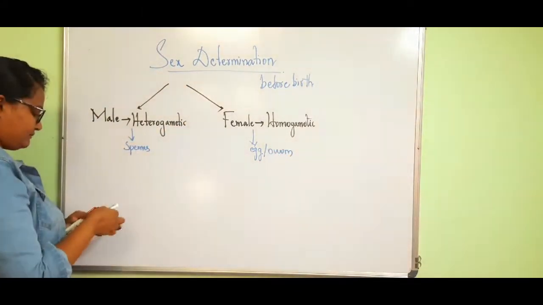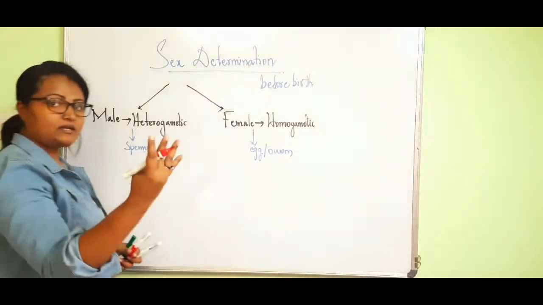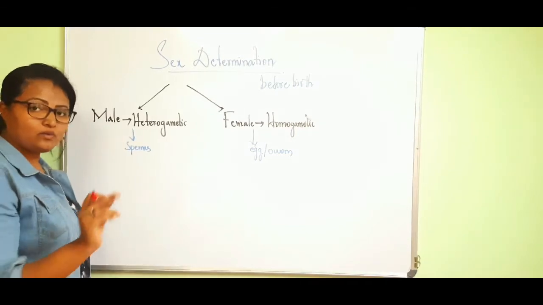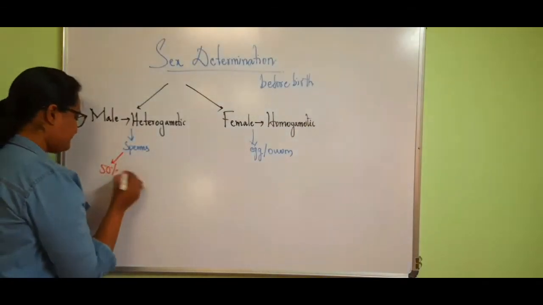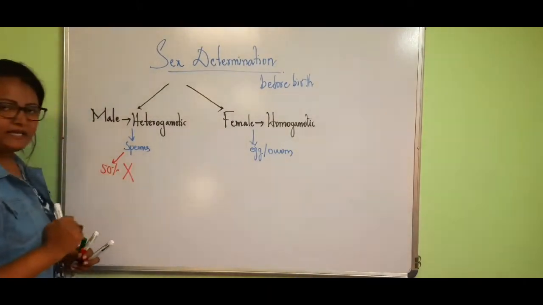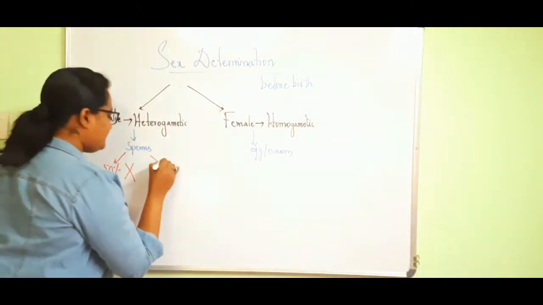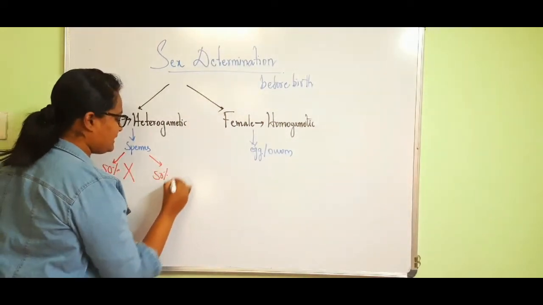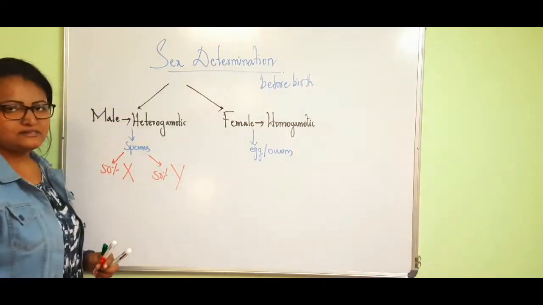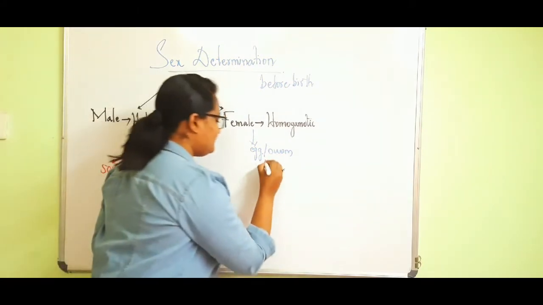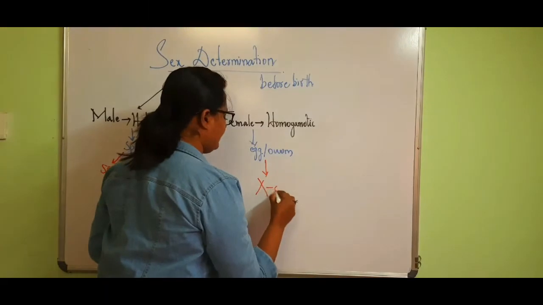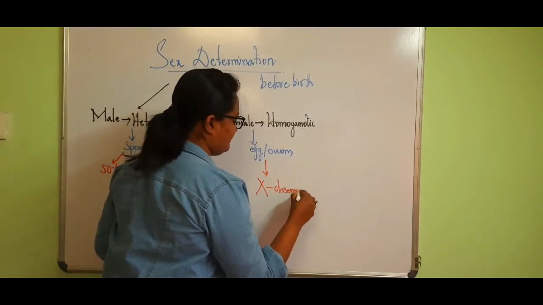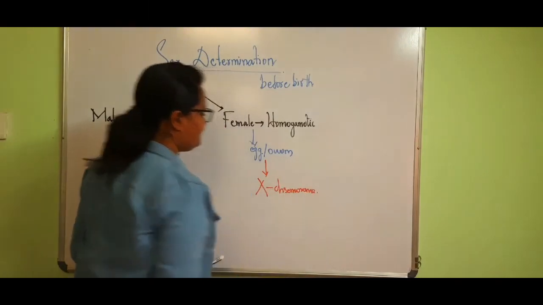So what happens? We know there are 4 sperms from each spermatogonial cell, where 50% are X, they contain the X chromosome, and the remaining 50% contain the Y sex chromosome, whereas the egg always contains the X chromosome.